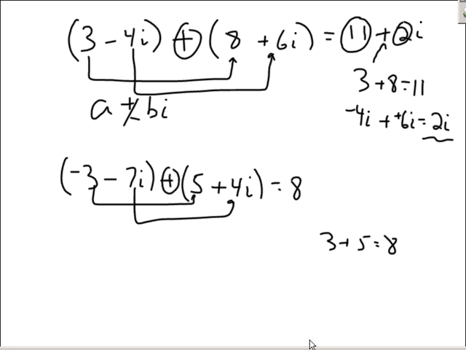And you add those i numbers. Negative 7 plus 4 is negative 3, negative 3i's. If I multiply all the numbers that I just added by i, then my answer gets multiplied by i.